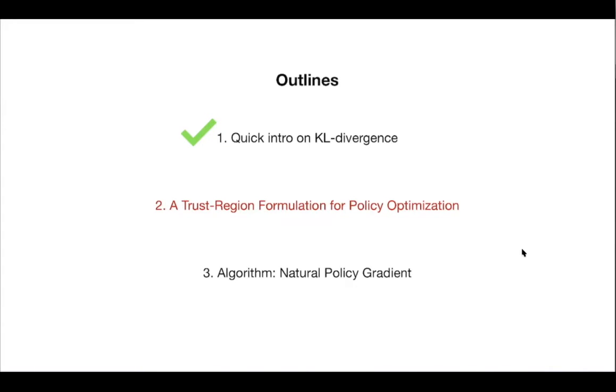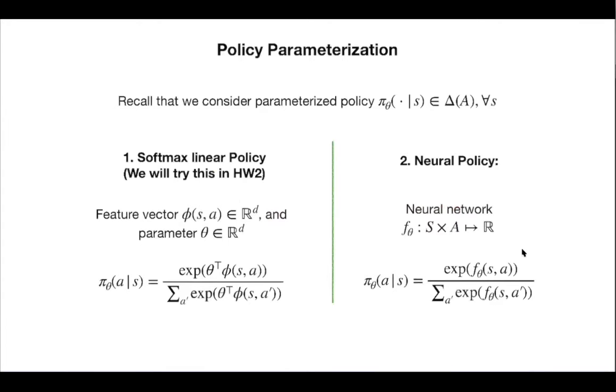Okay, so now let's jump into the second part of this lecture. Let's talk about a trust region formulation for policy optimization. We're going to use a KL divergence to define a trust region constraint. First, a quick recap on the policy parameterization. Here we are talking about a parameterized policy pi.